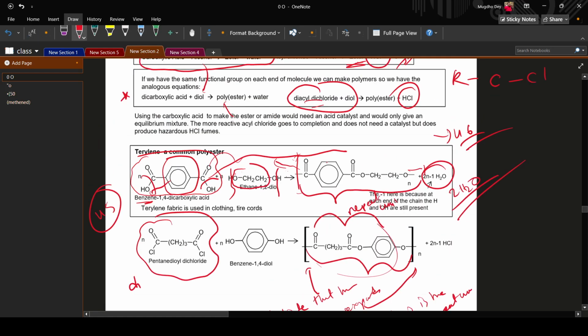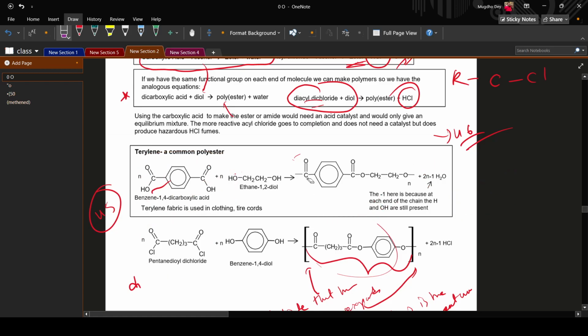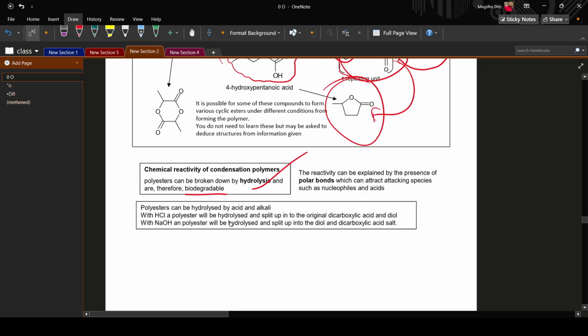We saw a little while back how a polyester is produced. So if we do the reverse reaction, the reverse reaction is hydrolysis, and the forward reaction is condensation. So we are using water to break this down in order to produce the diol and the dicarboxylic acid again. So I hope you understood now what hydrolysis is.